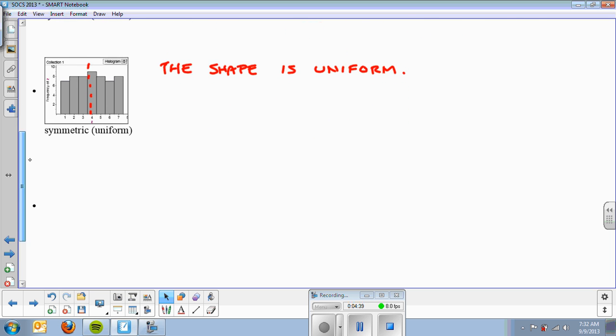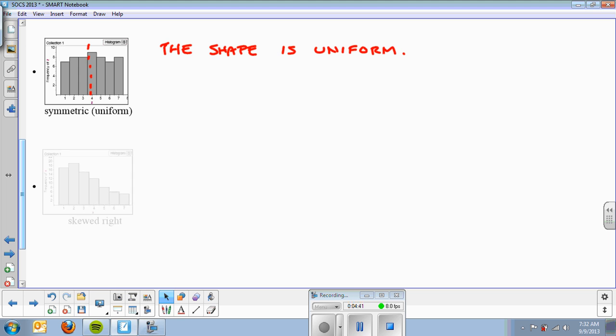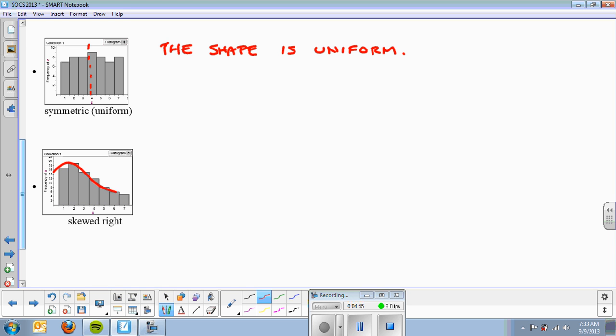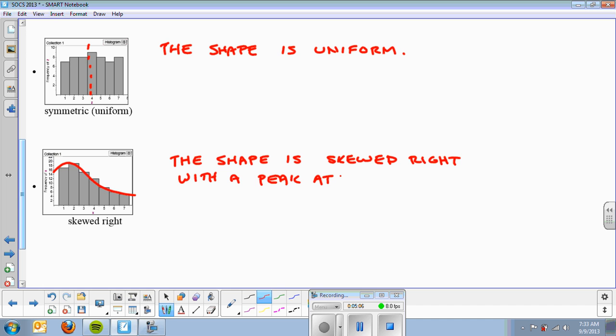Now we talk about the 2 types of skewed data. We have skewed right. The shape is skewed right with a peak at 2. All right, so that is skewed right.